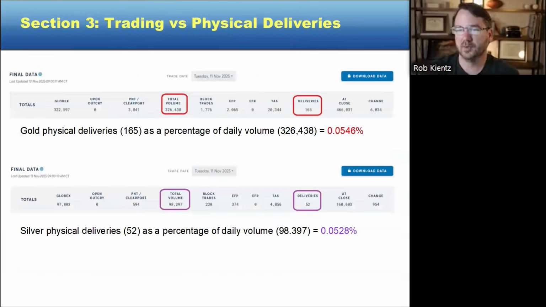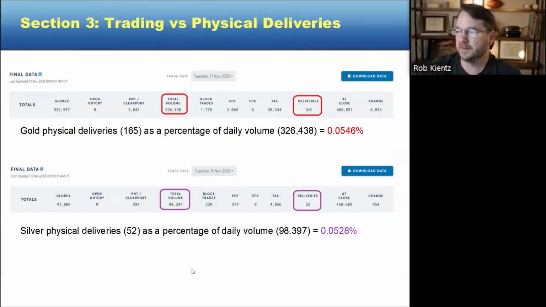So I just pulled, at the date of me compiling this presentation, probably about a day before you're going to see it, some statistics on gold and silver right off the CME Group's website. You'll see over here on the right, circled in red at the top, gold deliveries of 165 on November 11th. But the volume was 326,000 contracts.